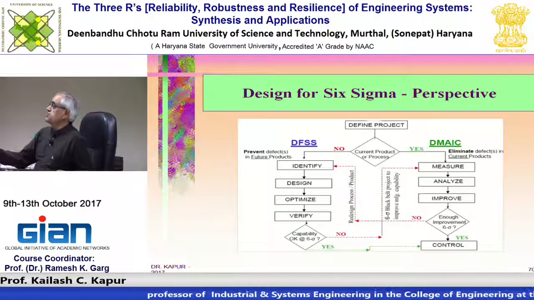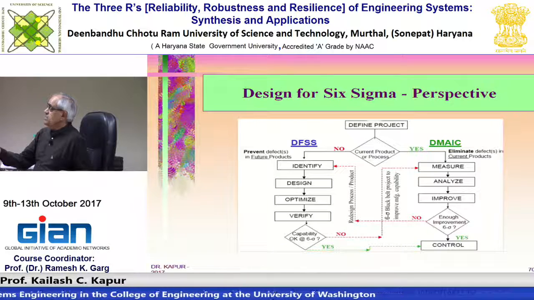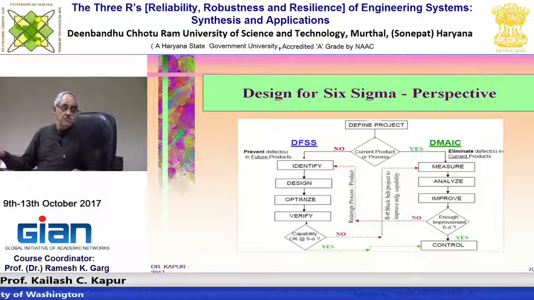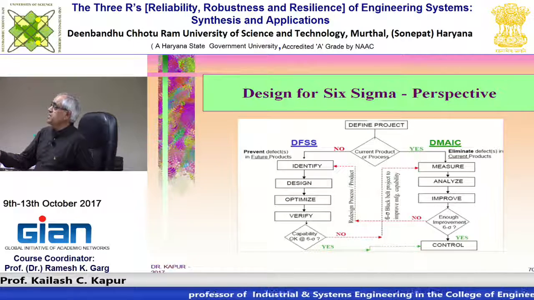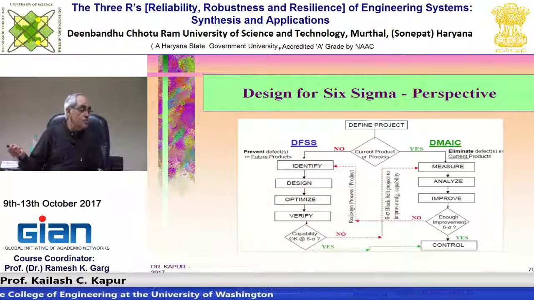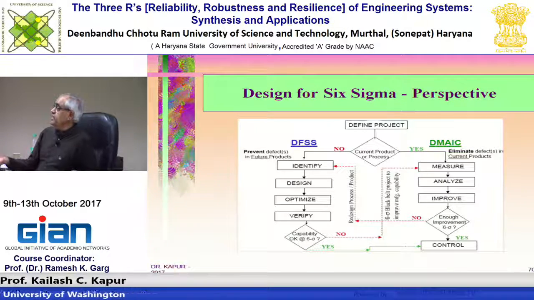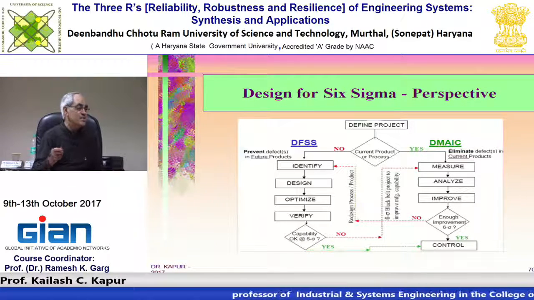And this slide shows a little bit of difference between design for Six Sigma and Six Sigma without the word design. With Six Sigma, you can see that you have a current product or process, and this process has many defects or problems, and then you can apply this. What this means is that you don't even have a current product or process.